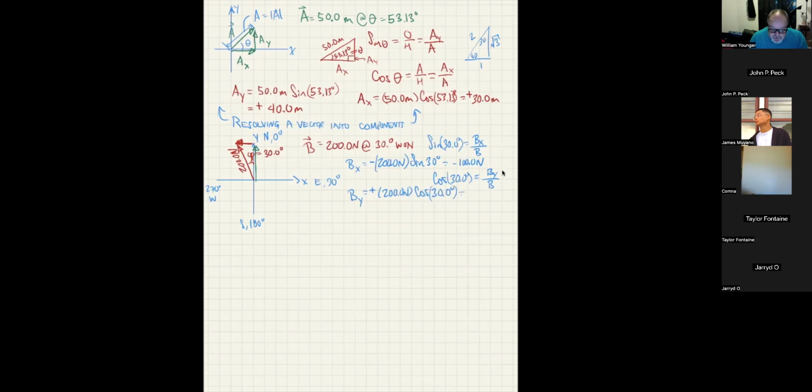Now I can look at cosine of 30 degrees from the little special triangle I drew up there, and that's √3/2. And I happen to know that's about 0.866. So I could say square root of 3 is about 1.73. So the square root of 3 over 2 is going to cancel out with the 2 in the 200, and it'll be basically around a positive 173. But let me go ahead and use my calculator since I have it and say 200 times the sine of 30.